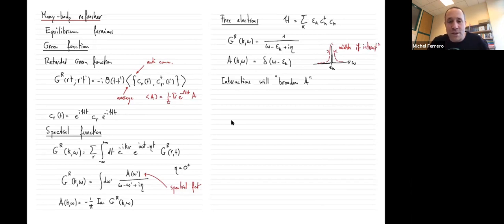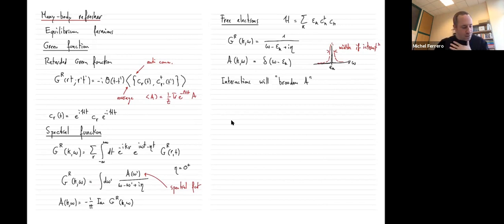So that's what's going to happen as I go away from free electrons. My spectral function is going to have some width, and this is related to the fact that now electronic excitations don't have infinite lifetime anymore. They decay in time, and the fact that they relax because they interact with their environment, this relaxation time is actually related to the width of this spectral function. So when it's very narrow, you have a long relaxation time. The broader it is, the quicker the system relaxes.